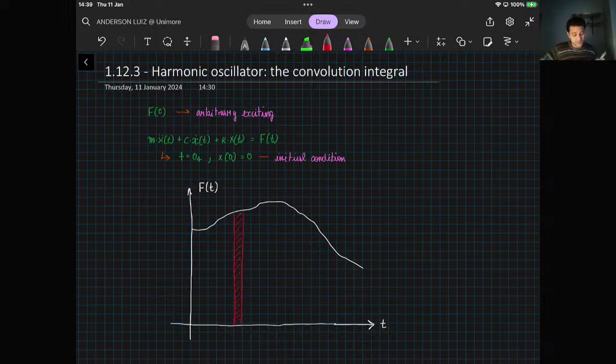This is the differential d tau, and this is tau.